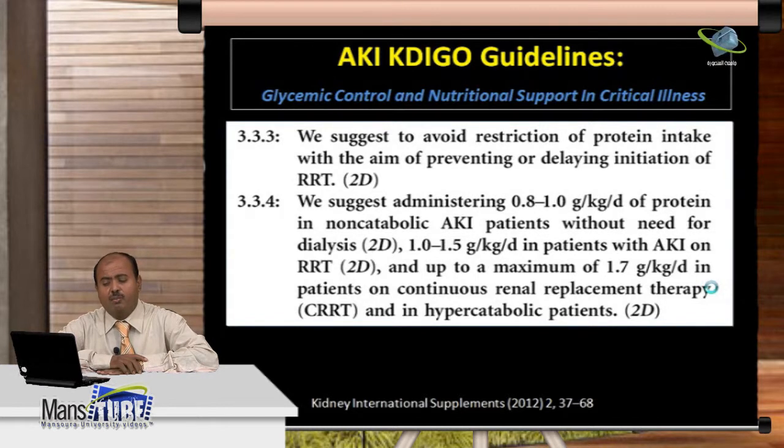They suggested administering 0.8 to 1 gram per kg per day of protein in non-catabolic AKI patients without need for dialysis, increasing this protein intake to 1 to 1.5 in patients with AKI on renal replacement therapy, and up to a maximum of 1.7 gram per kg per day in patients on continuous renal replacement therapy and in hypercatabolic patients.